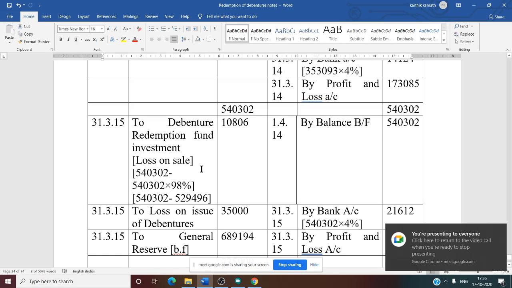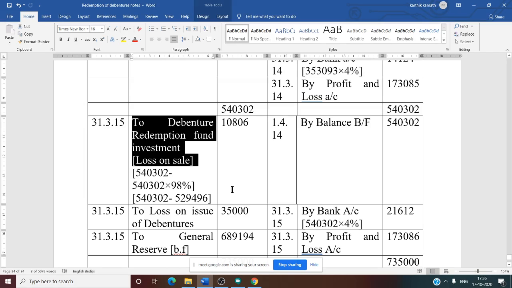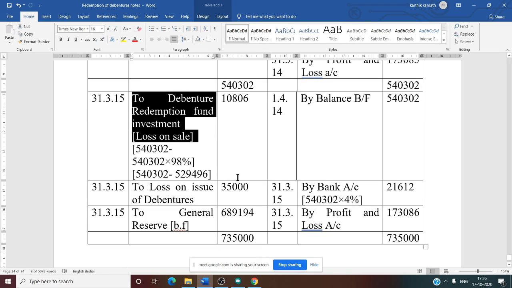So whenever there is a loss, now you imagine DRFI account. That is third account. So whenever there is a loss, what are we going to write in DRFI account? That is by debenture redemption fund account. So what is the journal entry? Debenture redemption fund account debit to debenture redemption fund investment account.